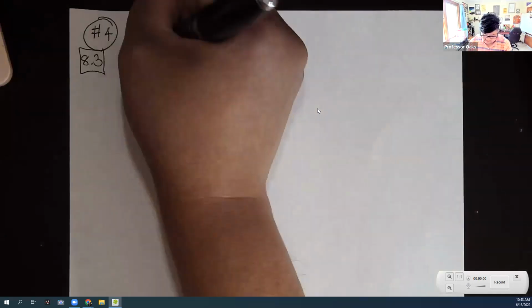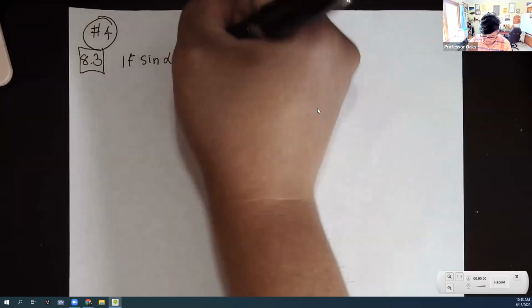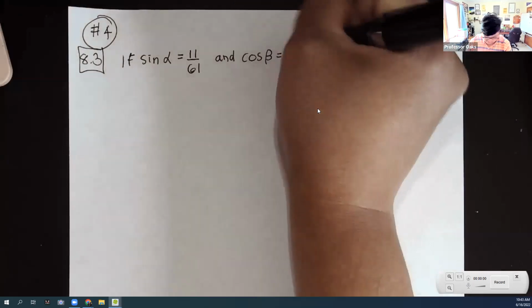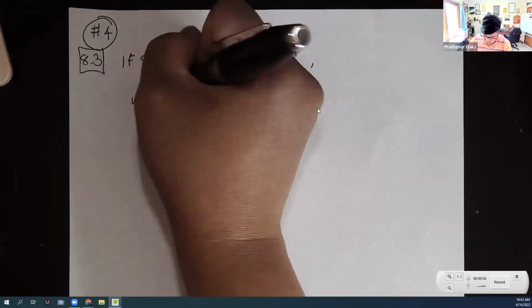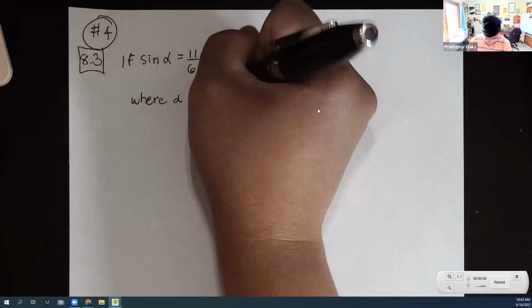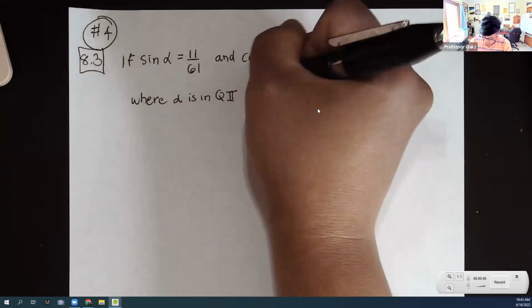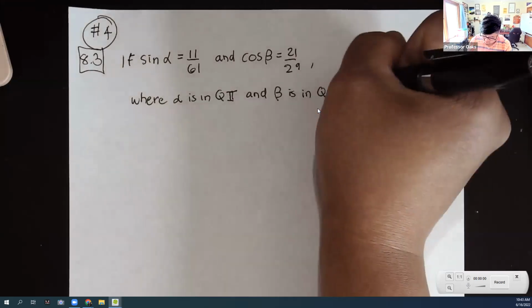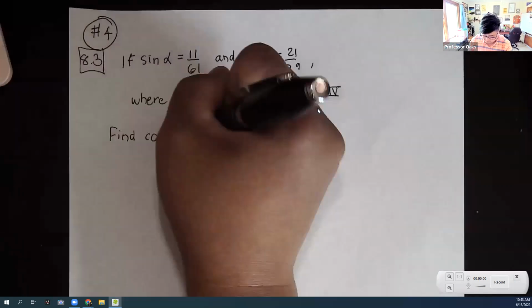Okay, so this one is very, very similar. If the sine of alpha is 11 over 61, and the cosine of beta is 21 over 29, and alpha is in quadrant 2 and beta is in quadrant 4, then they want you to find cosine of alpha plus beta.